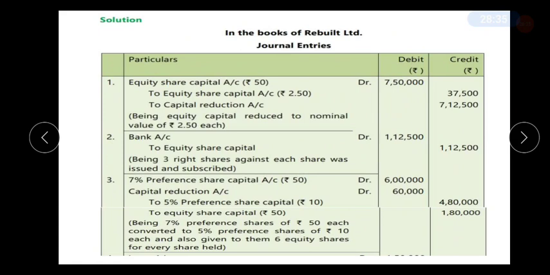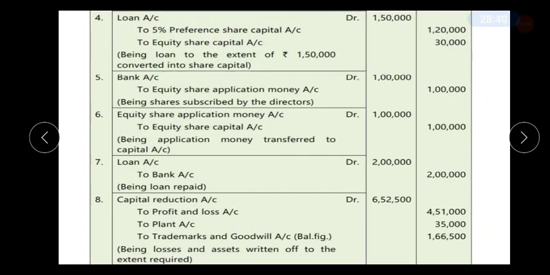So you can make use of the cash for paying the loan amount. How much loan amount is left? There is 2 lakh loan. You are paying that 2 lakh loan by cash or bank. So your bank is going to give it, credit the giver. And loan is debited because this much loan is being settled. You are settling the loan means you are reducing the loan amount. That's the reason you need to debit it. Loan account debited, it's a repayment of loan. Loan account debited to bank.